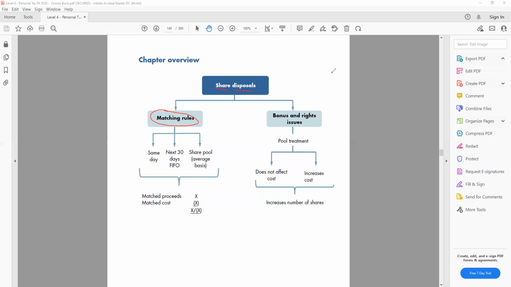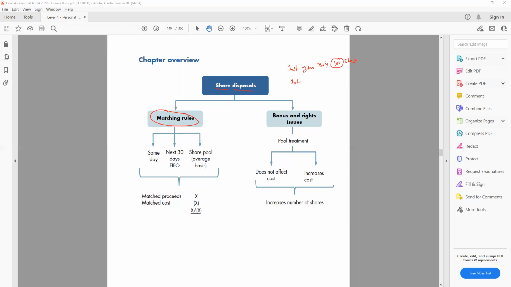So for example, on 1st of January, let's say I buy 100 shares. And if I need to sell any shares on 1st of January, I have to use these shares first. So I cannot use the shares I have from the previous month or previous week.